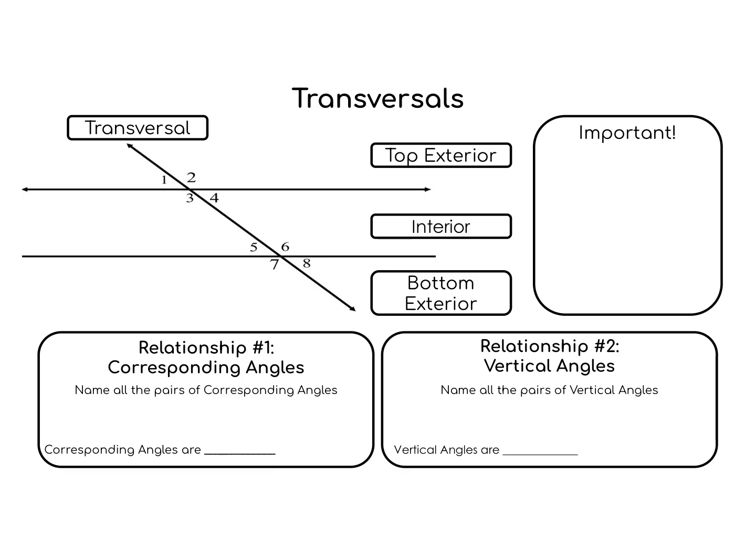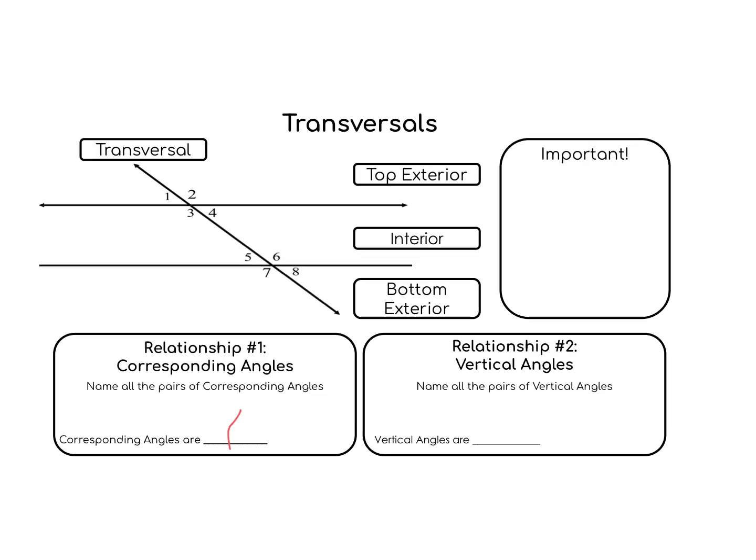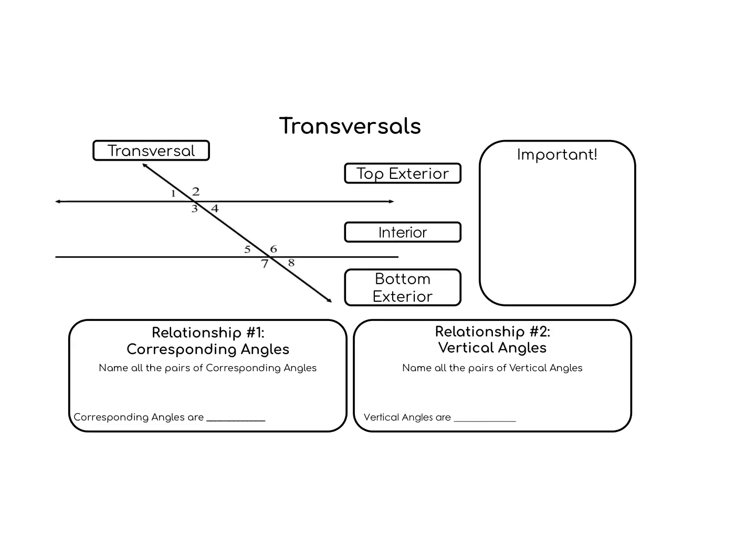What I have here for us is this transversal diagram that we can fill in together so we can learn about these different types of angle relationships. Now we're really going to want to practice with these ones because we'll use them all of the time. But we'll just go through them step by step. So looking at our diagram here, I have that transversal labeled. The transversal is this line that's cutting through.